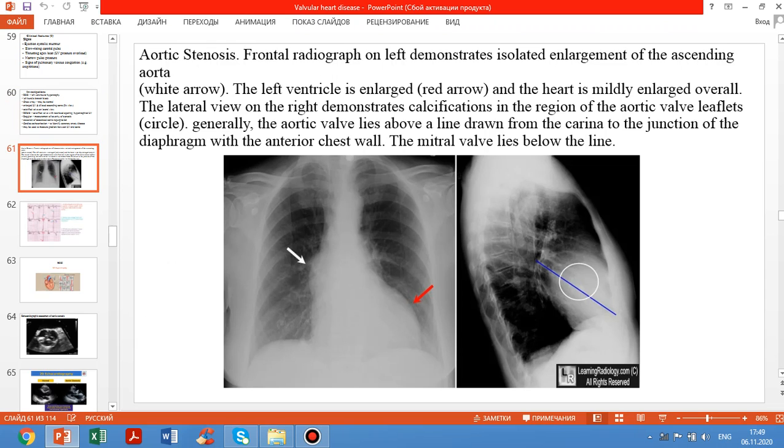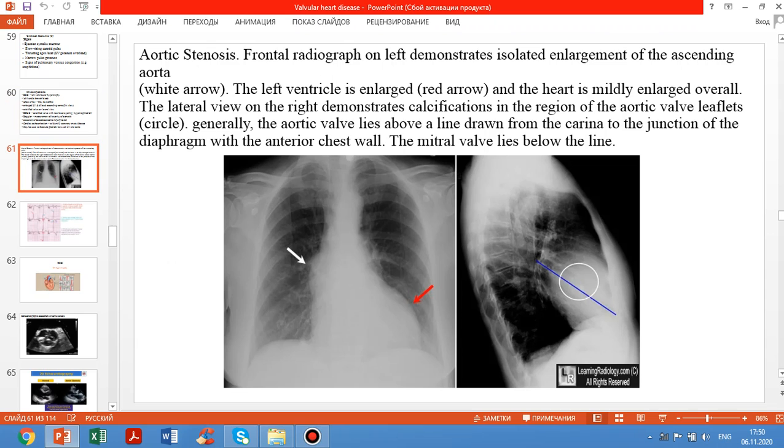In this chest X-ray, you can see aortic stenosis. The frontal radiograph on the left demonstrates isolated enlargement of the ascending aorta, white arrow. The left ventricle is enlarged, red arrow, and the heart is mildly enlarged.